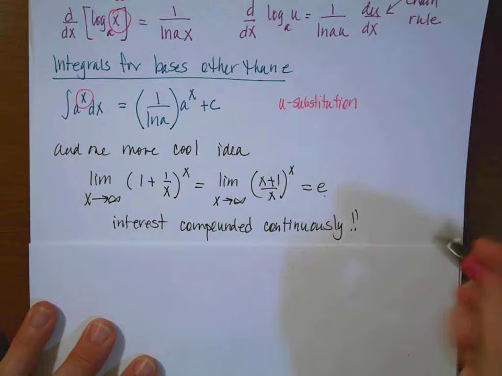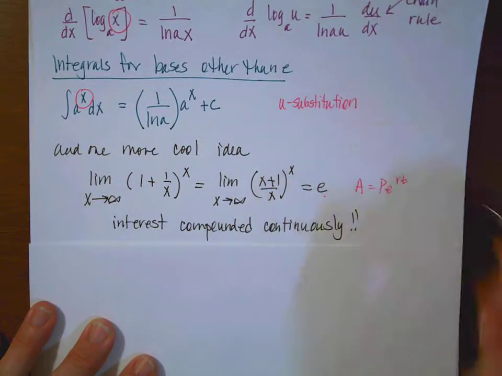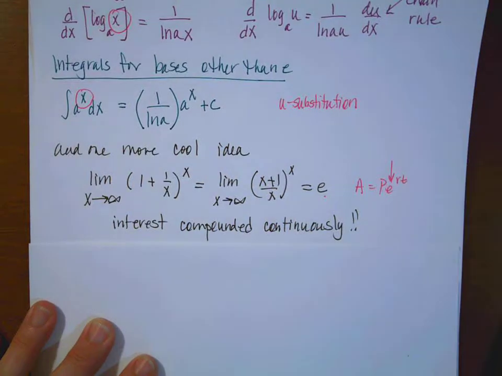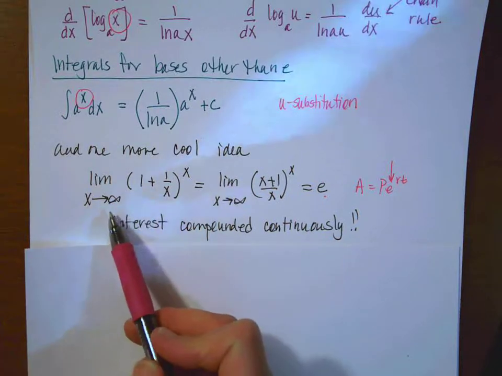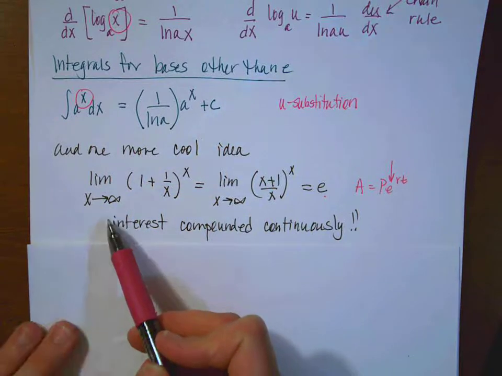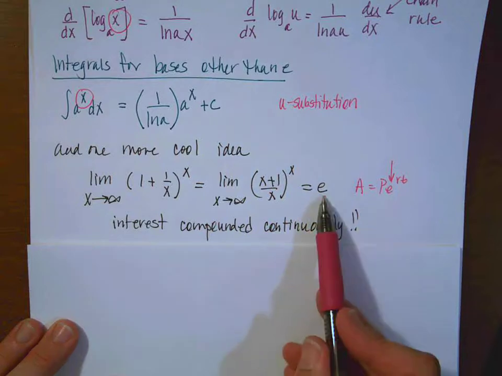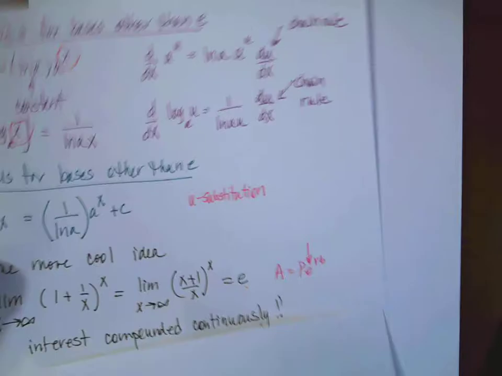Well, then if I take the limit as x approaches infinity, I get e. So, if you remember your interest compounded continuously formula, that's where the e comes from. So basically, I'm taking the compound interest formula, taking the limit as x approaches positive infinity, meaning that my compounding periods just continue to get tighter and tighter and tighter, and then I actually develop e.